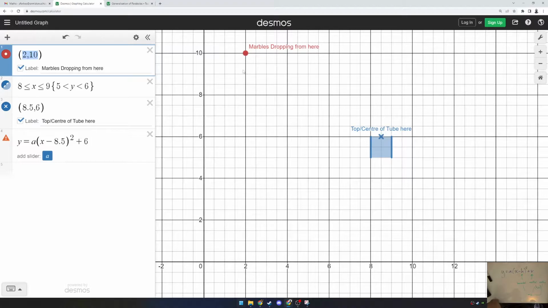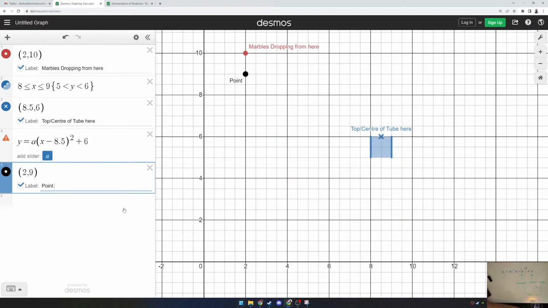So let's go with something like (2, 9). We're going to make a new coordinate, (2, 9), and label it as the point to substitute in. So we're going to use (2, 9).